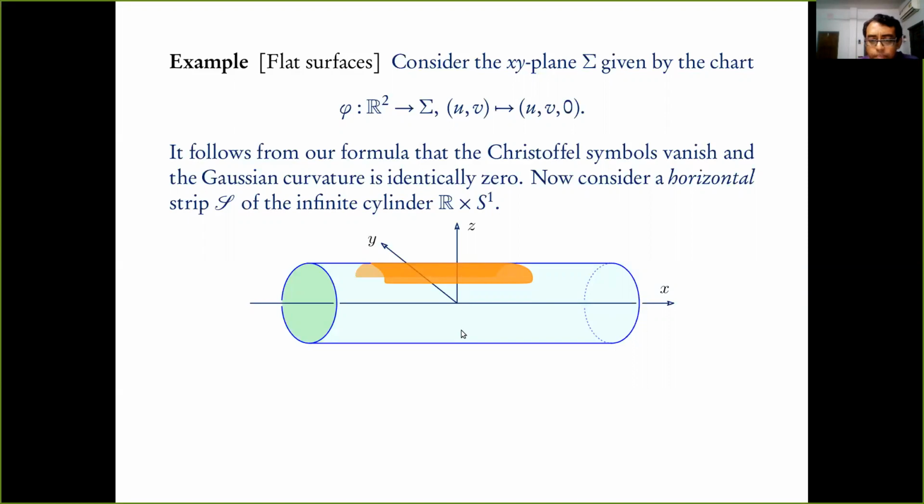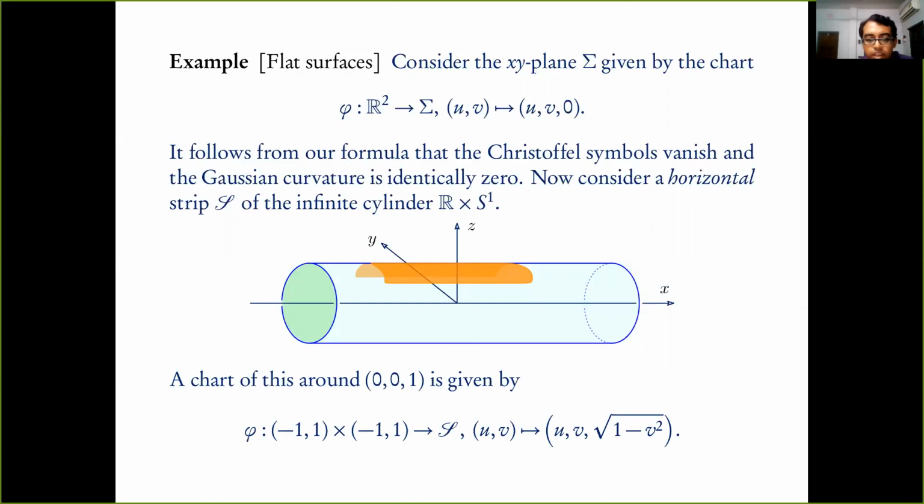You want to measure the Gaussian curvature of this. How do you do that? Well, you choose a chart around 0,0,1. What could a chart look like? You choose the xy coordinates to be the free variables: uv goes to u comma v, and how should z be defined? Remember y square plus z square is 1, so z is the square root of 1 minus y square, and our y is v.